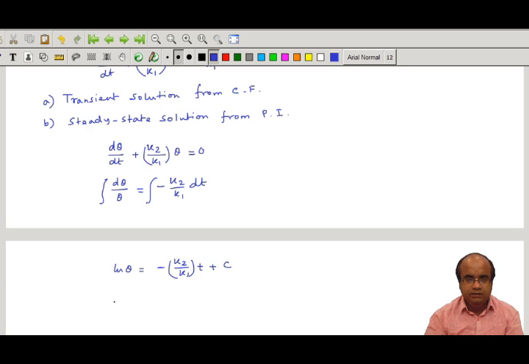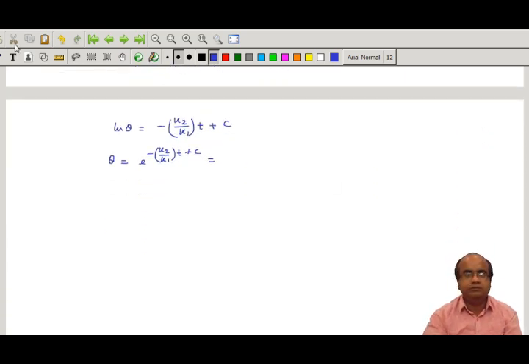That is, theta becomes e to the power minus K2 by K1 t plus C, or we can write e to the power minus K2 by K1 t into e to the power C. Now e to the power C is a constant.